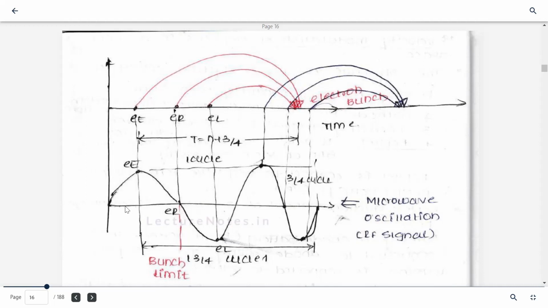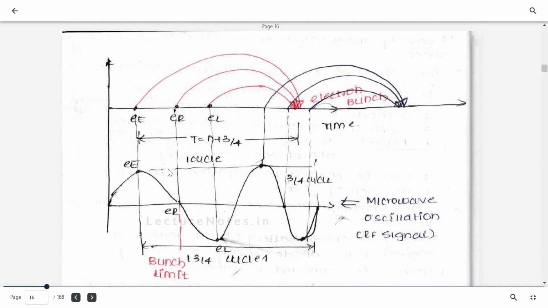Then the early electron, that is EE, passes through the gap before the reference electron and experiences a maximum positive voltage across the gap. As you can see, it gets a maximum positive voltage. It moves with a greater velocity and penetrates deeper into the repeller.